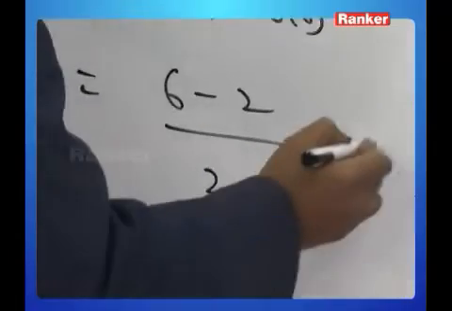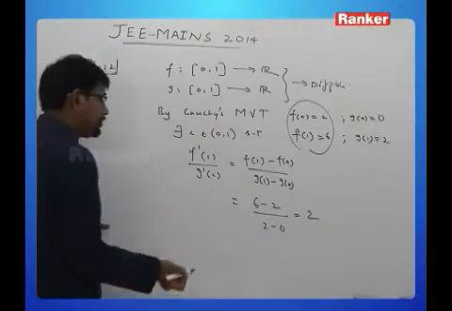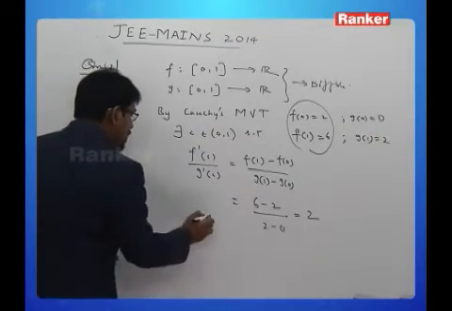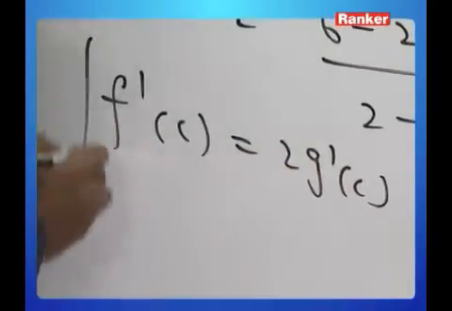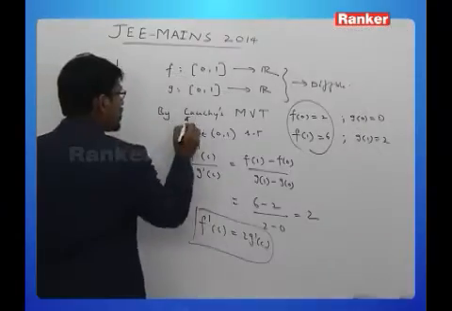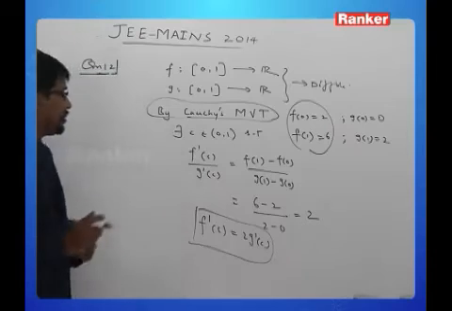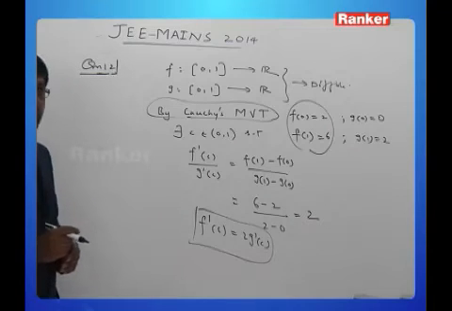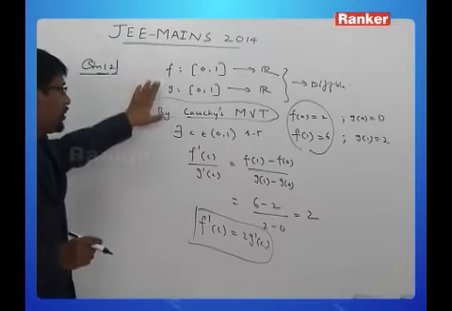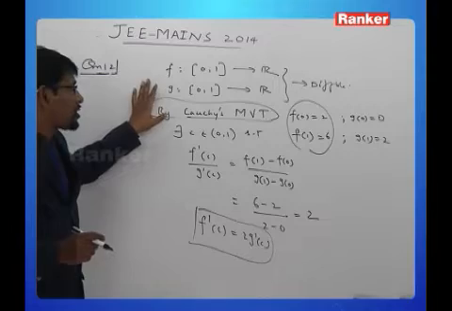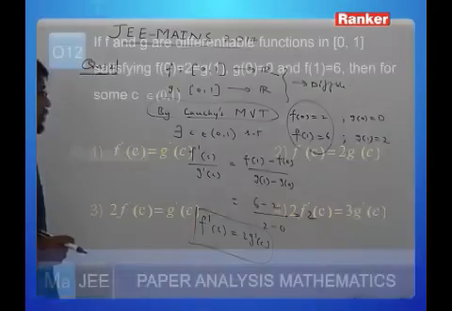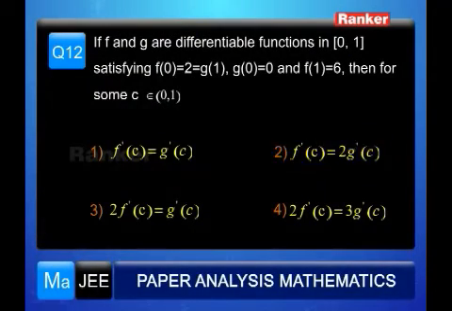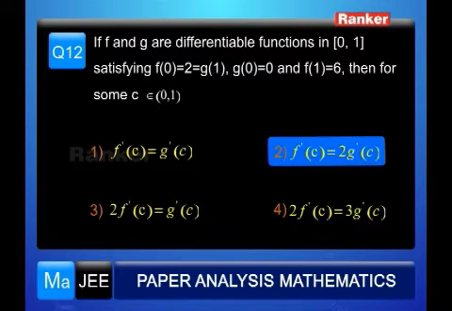So clearly it's 2. So f dash of c is equal to 2 into g dash of c. This is by Cauchy's mean value theorem. We have a point c belonging to the open interval 0, 1. Whenever you have f and g to be differentiable functions, we have a situation like this. So option 2 is the right answer.